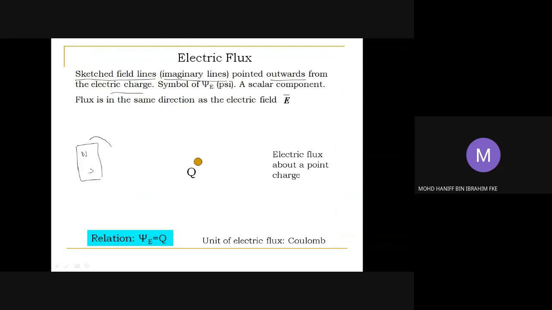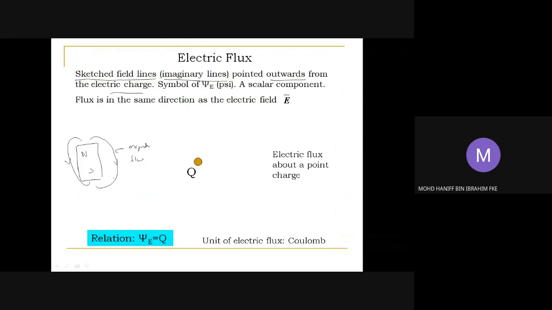Somehow we can see a line which originates from the north to the south pole, when we have some sort of iron powder located around this magnetic bar. The line cannot be seen, but we can see a route of line from the north to south pole. So this is what we call a magnetic flux, or a magnetic line.